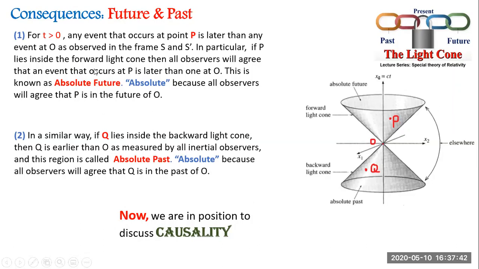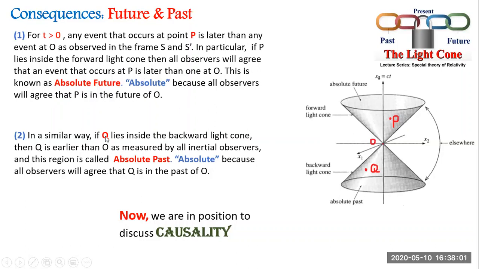In particular, if P lies inside the forward light cone, then all observers will agree that an event that occurs at P is later than one at O. This is known as absolute future. Absolute because all observers will agree that P is the future of O.